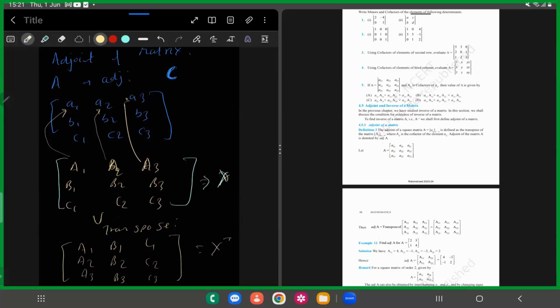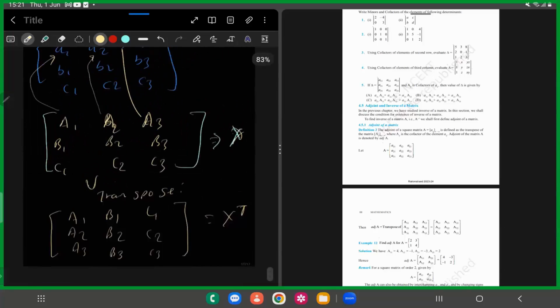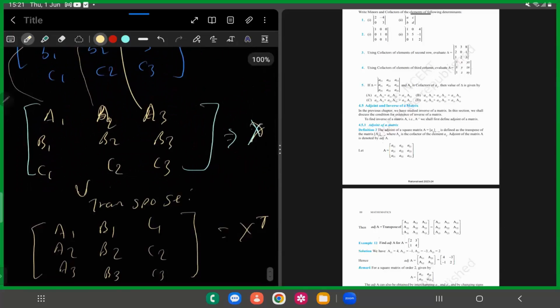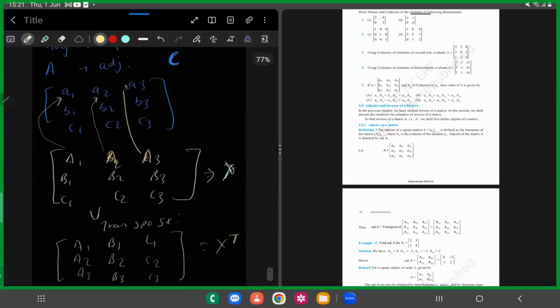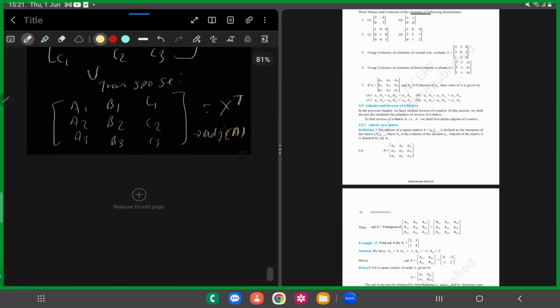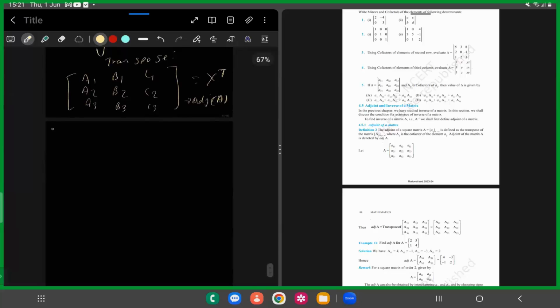This is X transpose, and this matrix is called the adjoint matrix of the matrix A. This is nothing but adjoint of A. So there is no new concept here; it is just the transpose of the cofactor matrix.